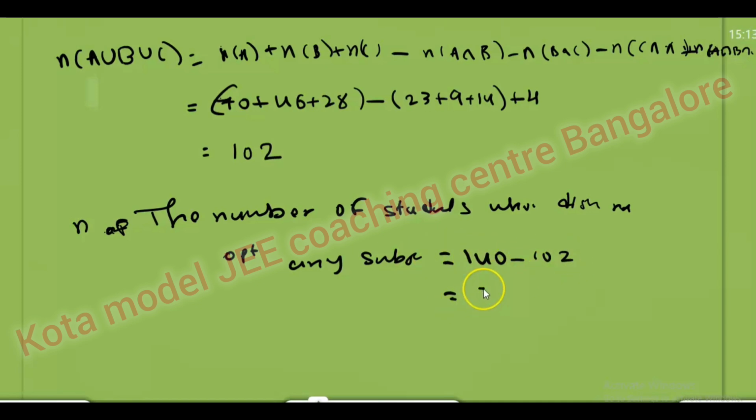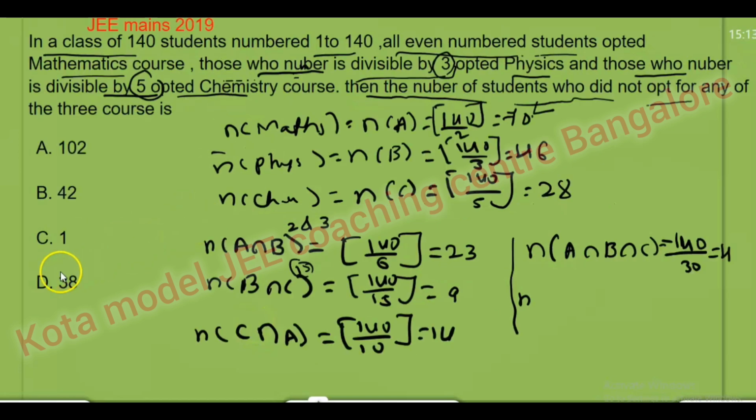That is equal to 38. 38 students did not opt for any course, physics, chemistry or mathematics. Now option D is the right answer.